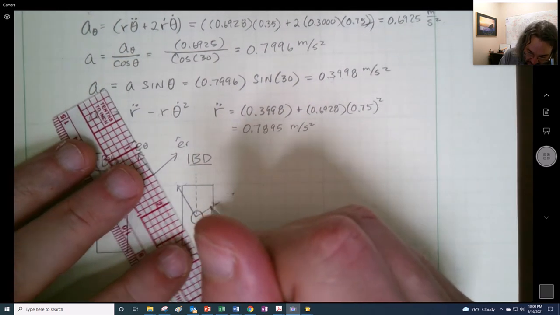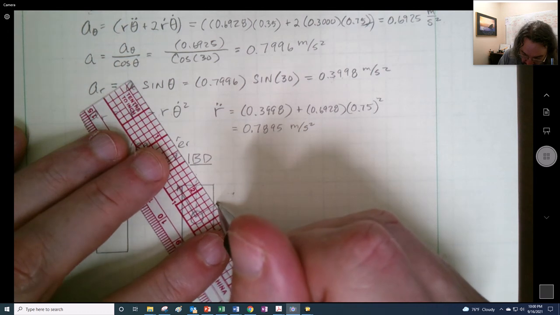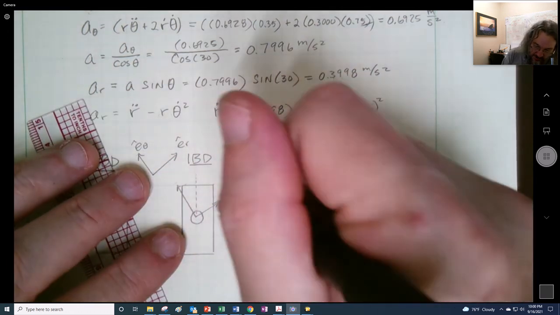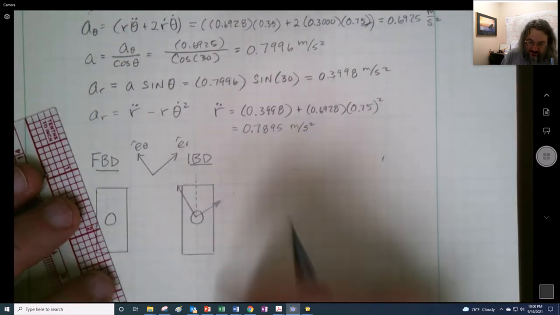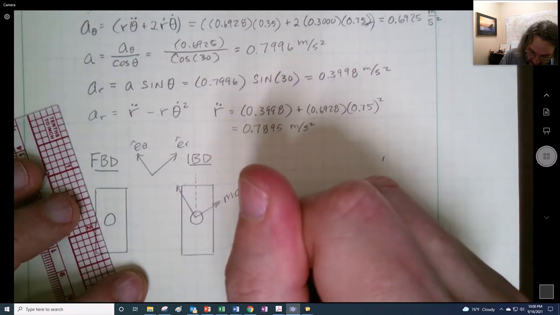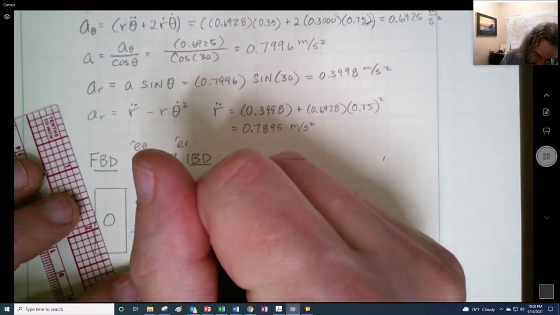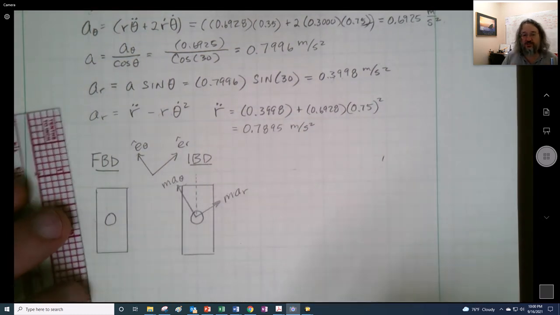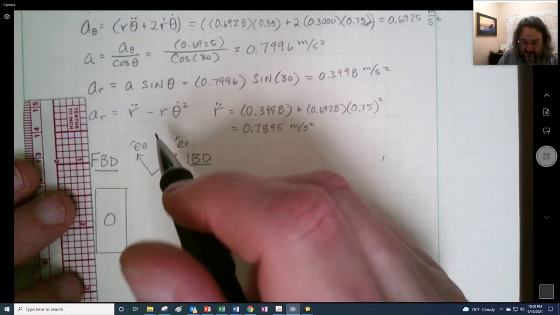So this one is shorter. That's right. So the vector triangle should come out close to that 30 degrees right here. So this is M-A-R, and this is M-A theta. That right there.